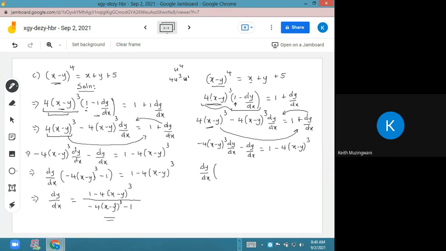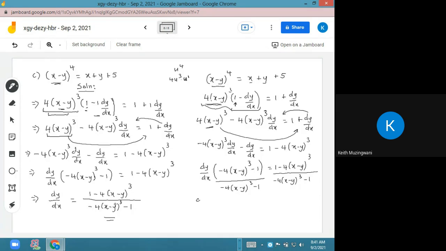We remain with negative 4(x minus y) to the power 3 minus 1, is equal to 1 minus 4(x minus y) to the power 3. And then divide by negative 4(x minus y) to the power 3 minus 1.